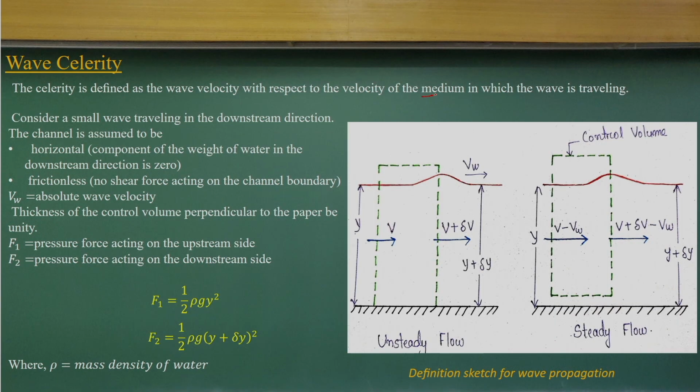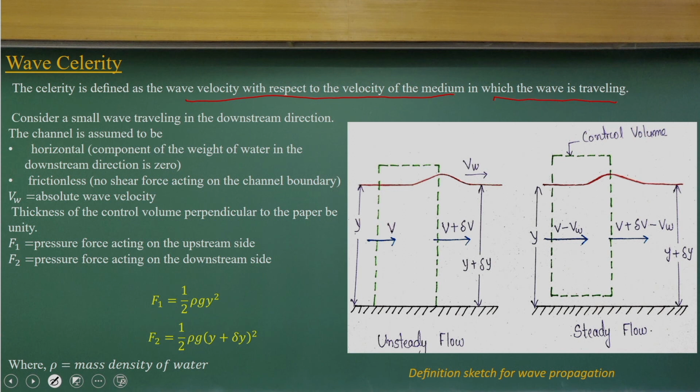Let us go for a simple derivation; for more detail you can go through the book Open Channel Flow by Hanif Chaudhry. But let us have the concept that we can define celerity. That is called the wave celerity. It is defined as the wave velocity with respect to the velocity of the medium in which the wave is traveling.